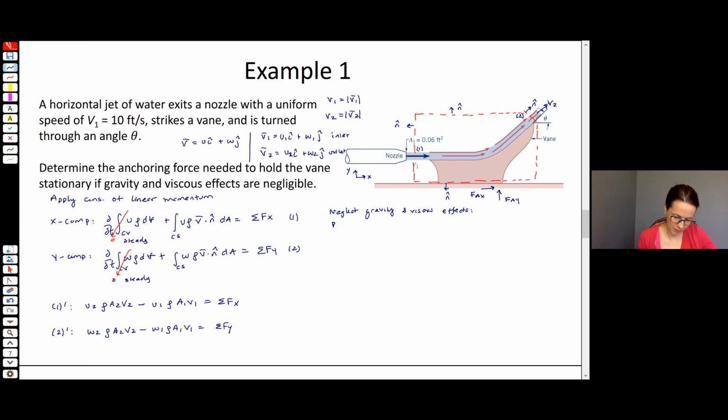Right, so we have P1 plus 1/2 rho V1 squared plus gamma Z1 equals P2 plus 1/2 rho V2 squared plus gamma Z2, right? So here we've been told to neglect gravity, and we've already determined that the pressure is the same.